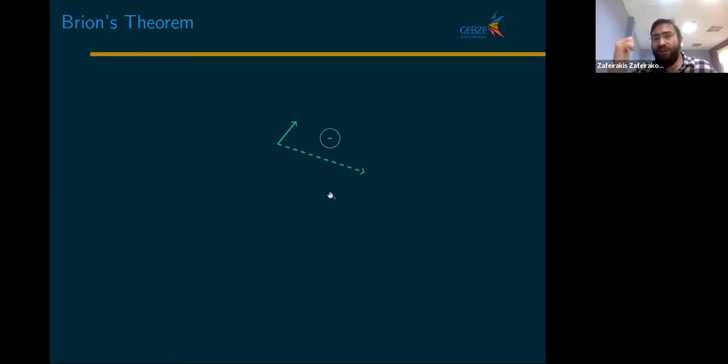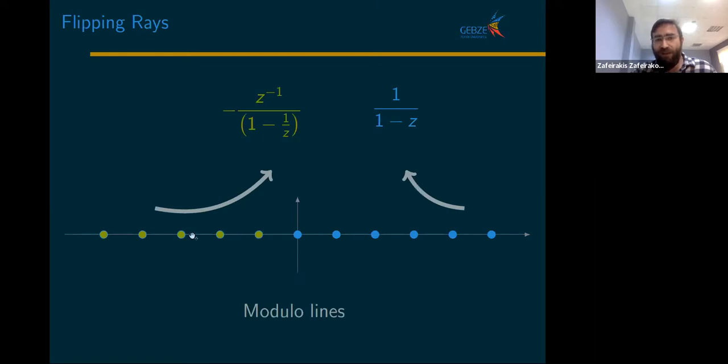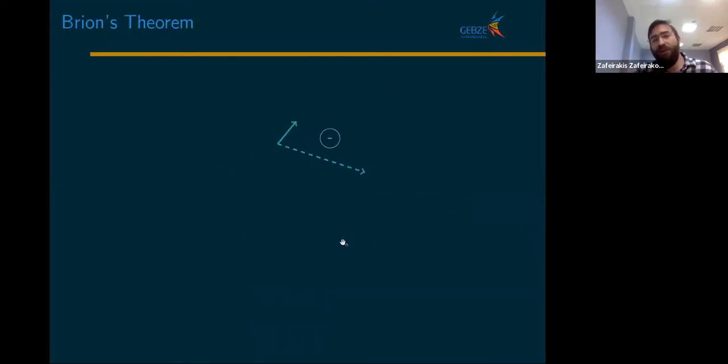We said that we change the direction, we change the openness, and we change the sign. So let me say again that this was closed and it becomes open. If we go in the other direction, it was open and it becomes closed. So here, if I flip the direction of this ray, I will change the sign and I will change the openness. Here it was open, now it is closed.